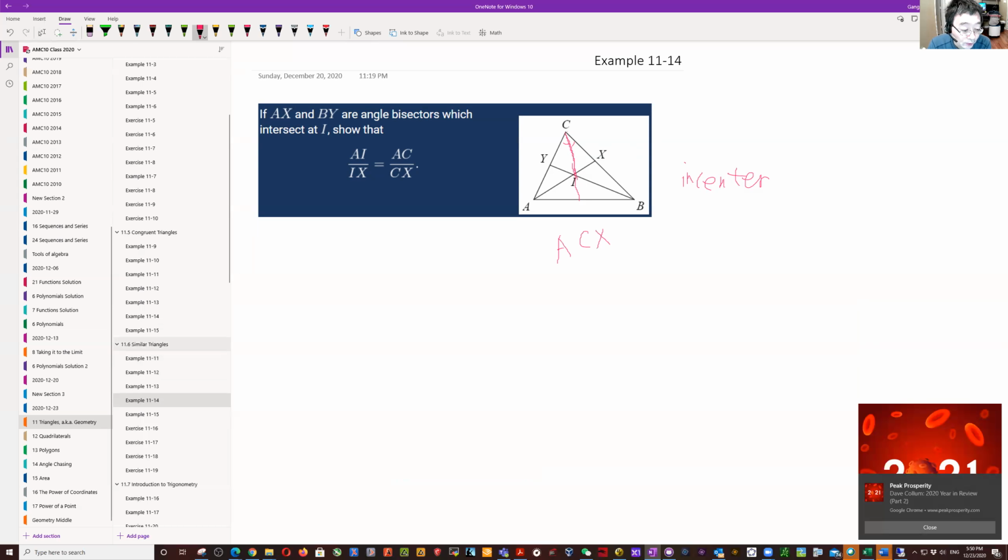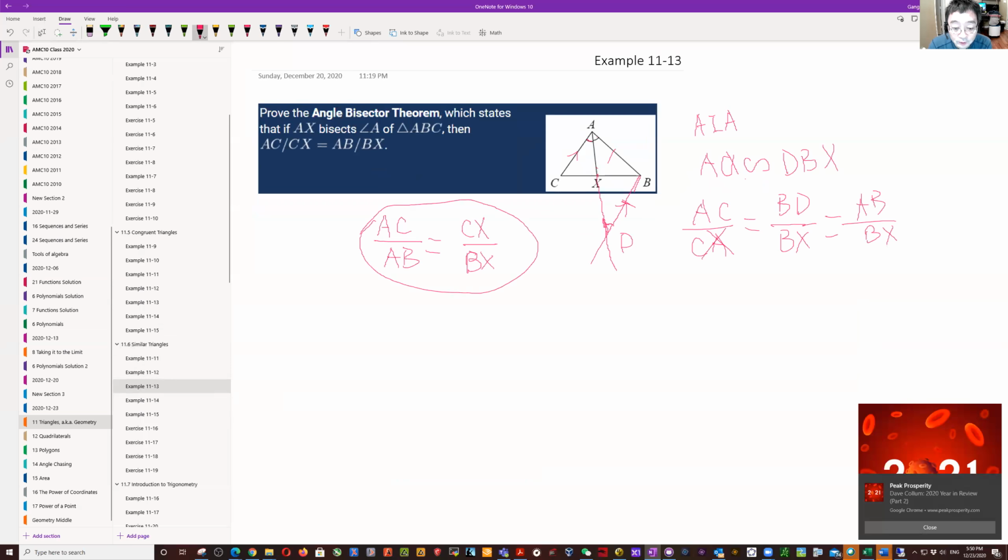So basically, the angle bisector theorem can be written in two ways. One way is that the side over the opposite cut is equal to the other side over the opposite cut.